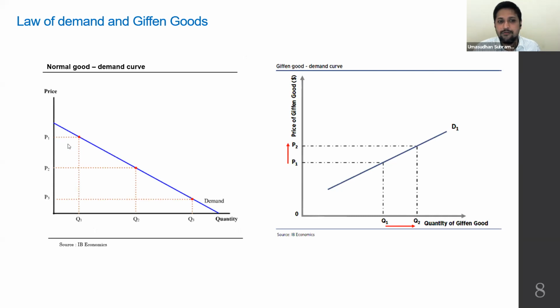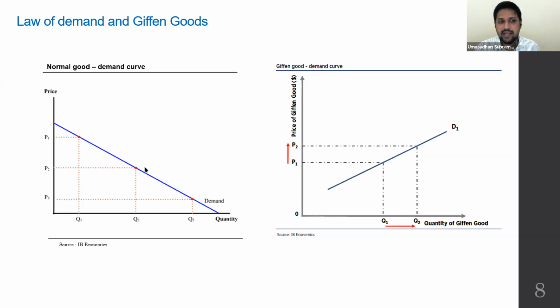For normal goods, the relationship between price and quantity demanded is negative. So we talk about a downward sloping demand curve. See what happens: the price increases. What happens to the demand? Demand decreases, and when price decreases from P2 to P3, demand increases from Q2 to Q3.